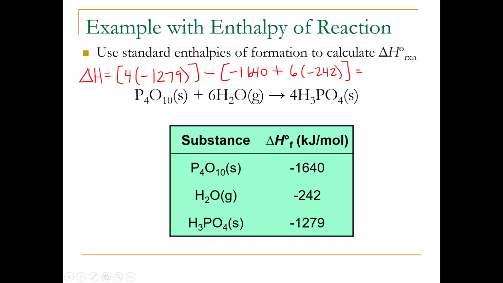Alright, so remember to distribute your negative appropriately when you do your calculation. And for this one, I get negative 2,024 kilojoules. Alright, so that's pretty straightforward. Just make sure you pay attention to your math and use your calculator appropriately with your negative signs.